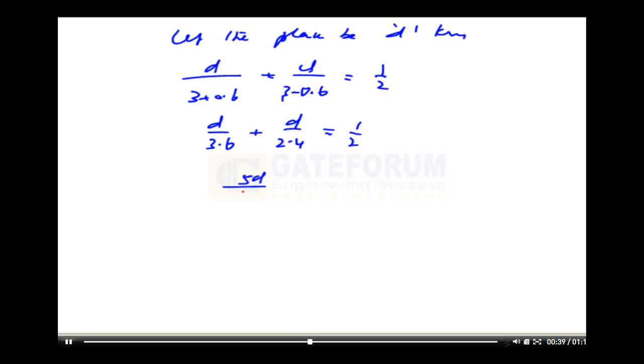Simplifying, you get 5 d by 7.2 is half, so the distance is 3.6 by 5, which is 0.72 kilometers or 720 meters.